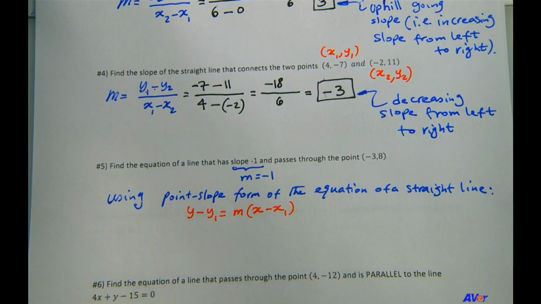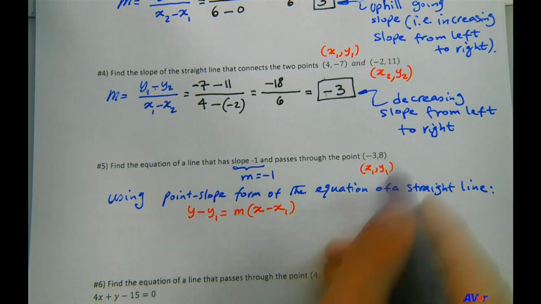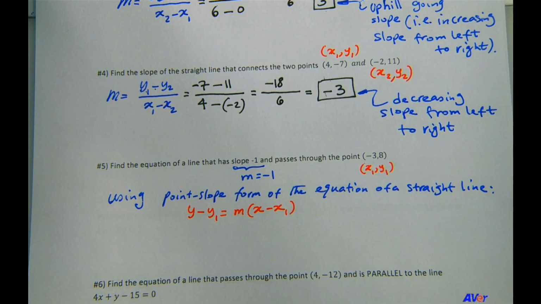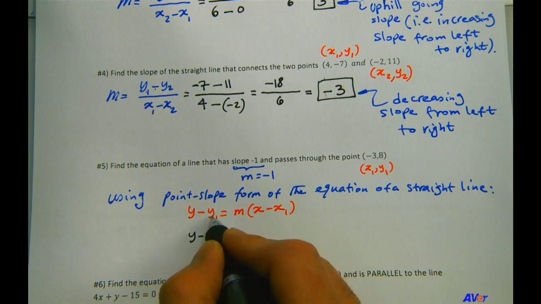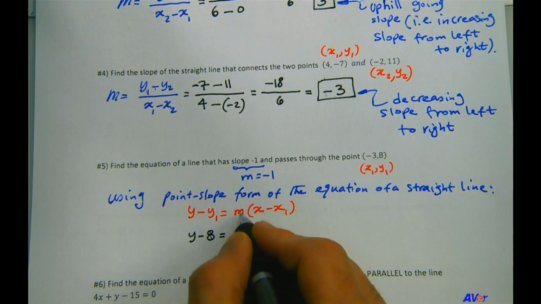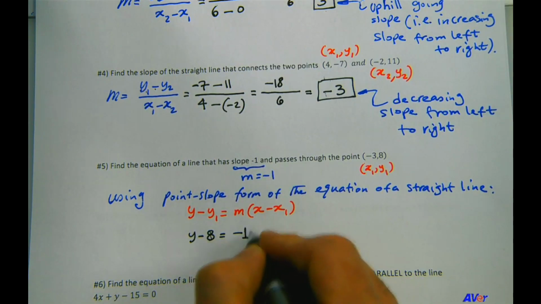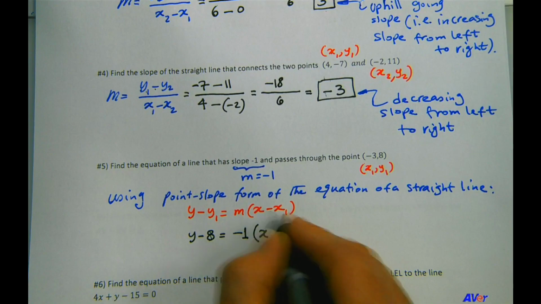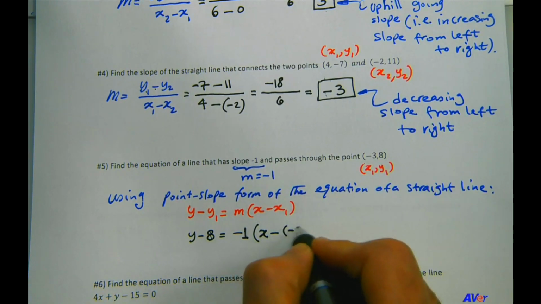So this one is x1 comma y1. In this formula, that's what it would be. So y minus y1, that's 8, equals m, which is the slope, which is -1, times x, which is x, minus x1. x1 is -3. So minus 3.